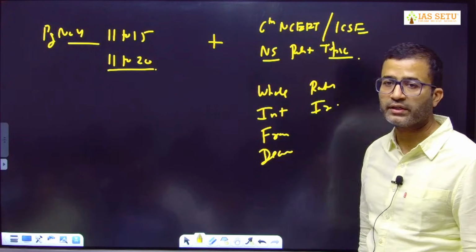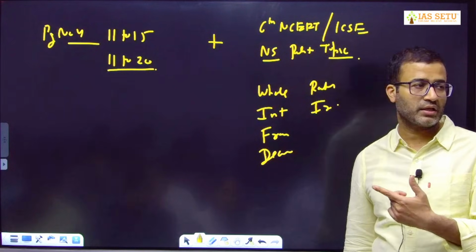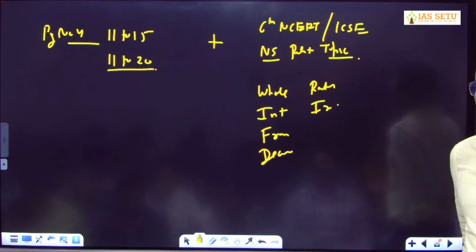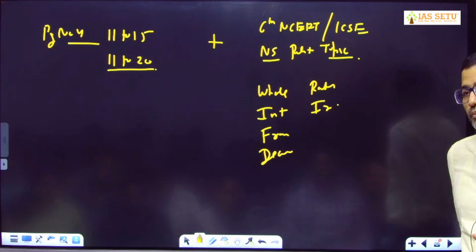So if you find the title of your chapter is like this, whole number, natural number, integer, rational number, irrational number, all these topics related to number system you cover.